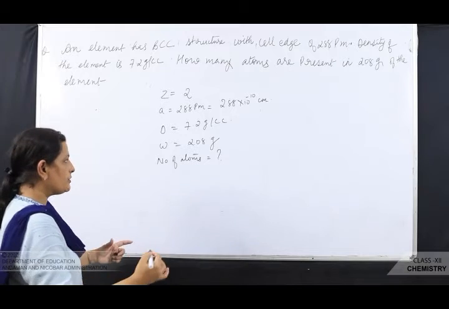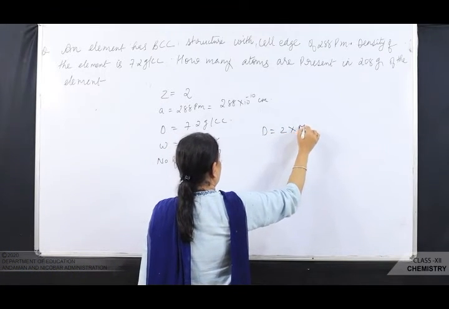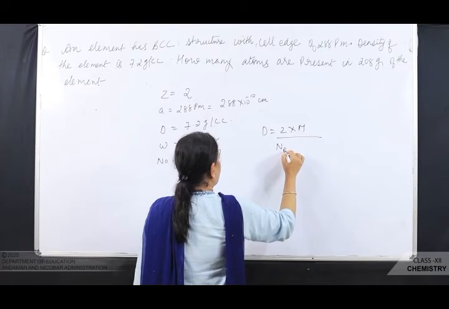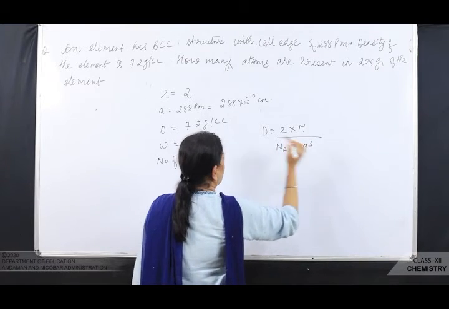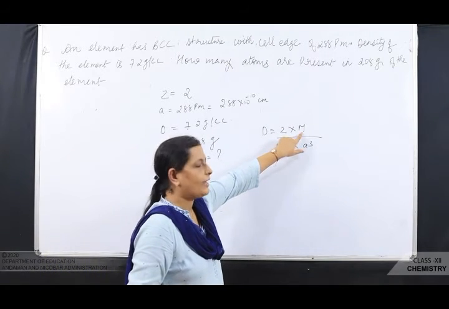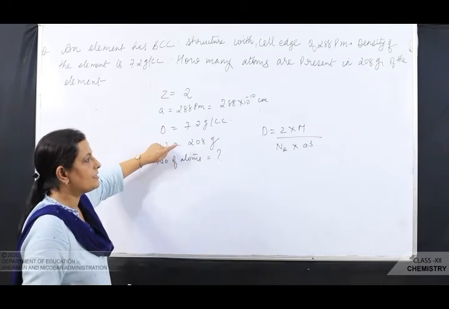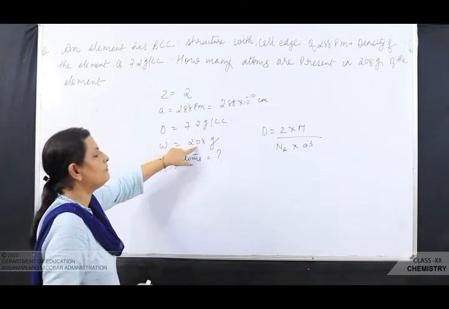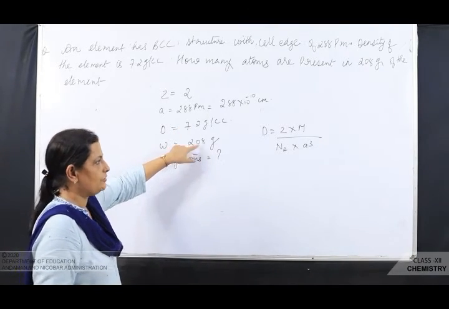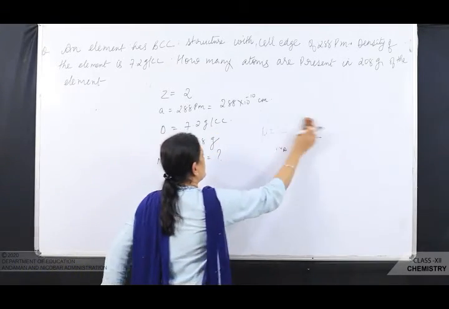Now, if you want to use this equation, D is equal to Z into M divided by Avogadro number into A cube. You can use this equation. For that, first you have to calculate what? Atomic mass. Then you will calculate number of atoms using atomic mass, and mass in grams is also given to you. So, instead of using this equation, directly you can use this equation what I gave you now.